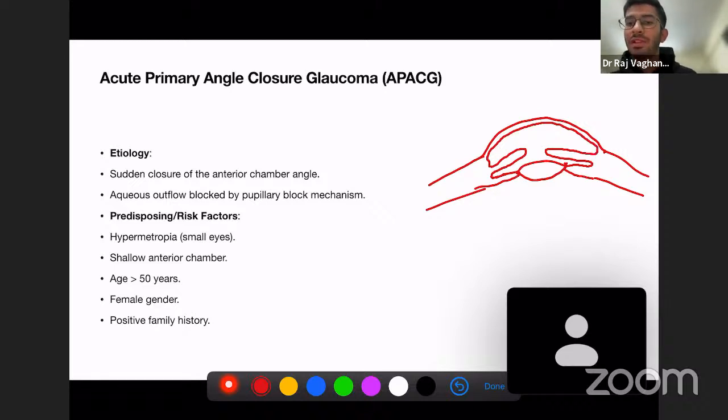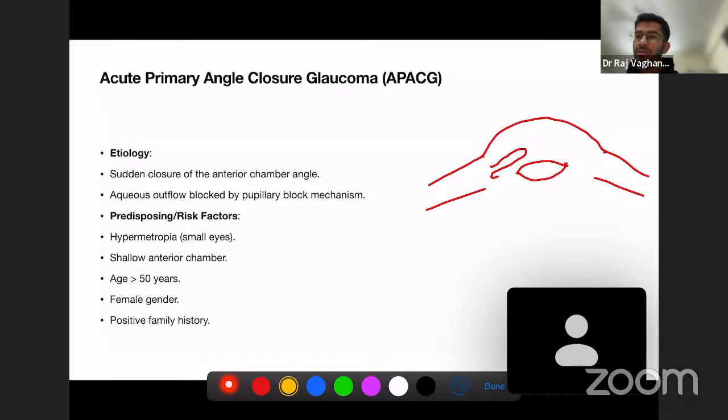This was the angle. Now, if I close this angle, how will I close it? If I draw the iris like this, this is my iris, these are my zonules, and this is my iris.